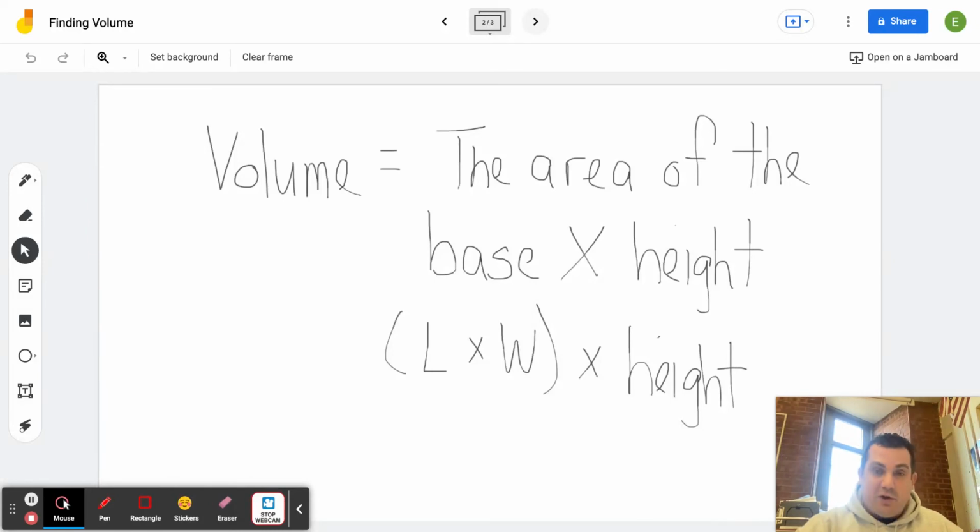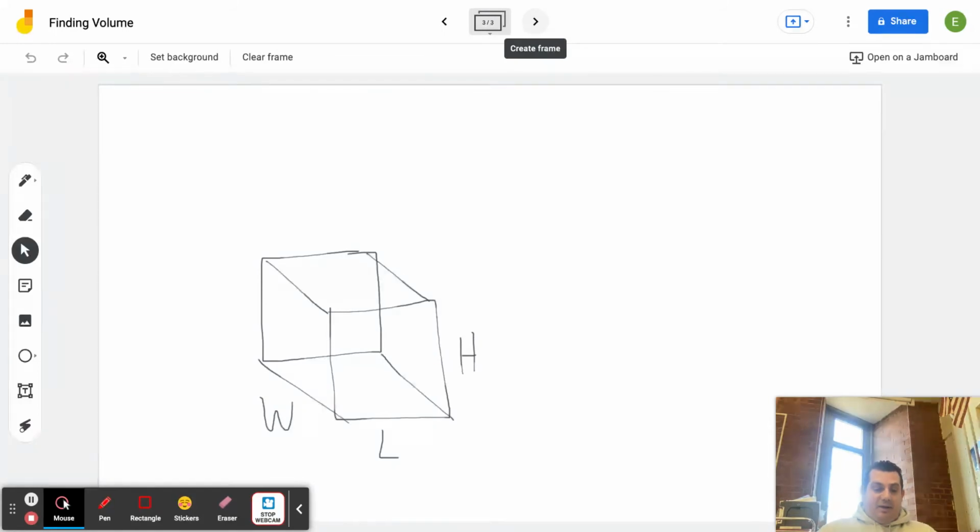So let's turn the slide. Here we have a cube. You'll see that the bottom is your base. You'll see that square that I'm circling right there in the bottom. That is a square, so the area of your base is a square, so we have to do length times width.